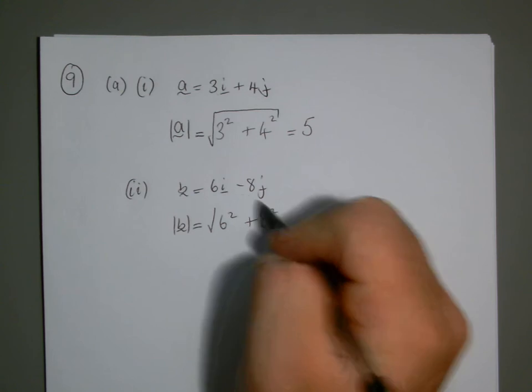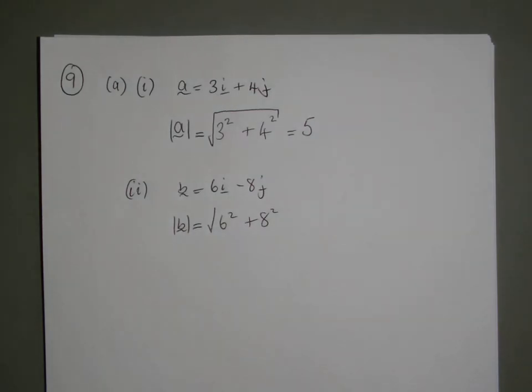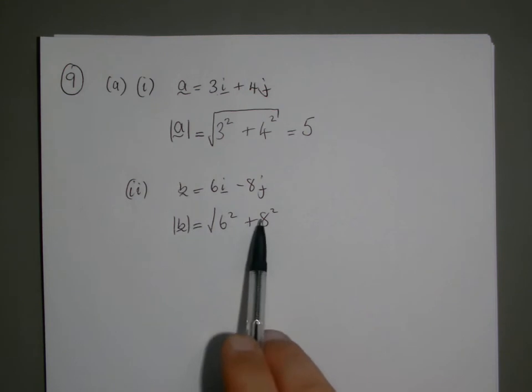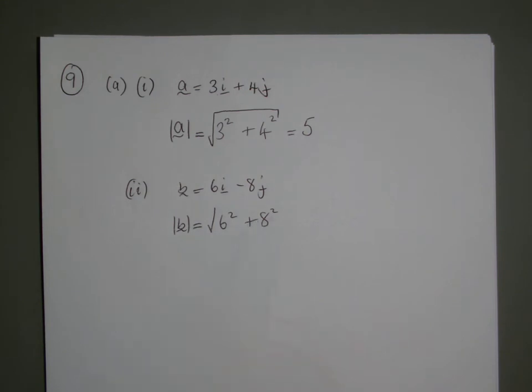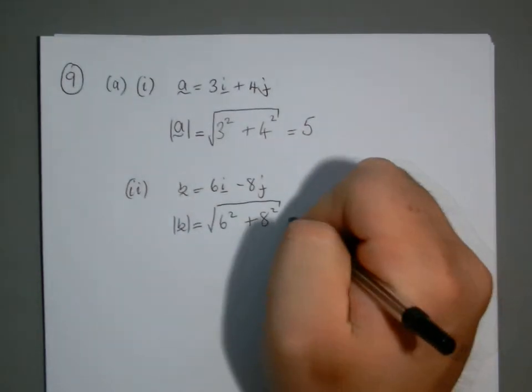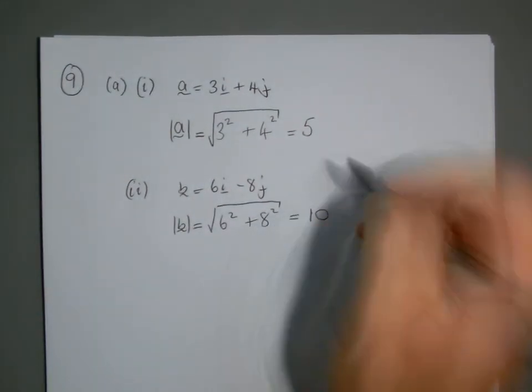As I said, the minuses I'm not interested in. The minus just tells me the direction, that it's going down. The actual side is of length 8. So you don't need to have it in here, but if you do, put it in a bracket, and then when you square it, it won't make any difference. So you do that there, and that comes out to be 10.